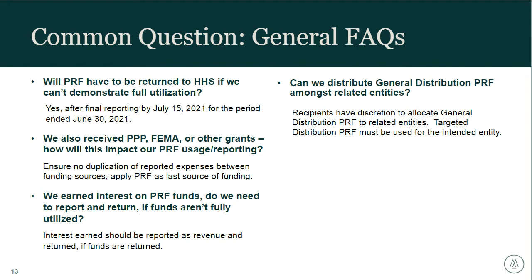However, once we get to that final reporting period, when we're contemplating our expenses through June 30th of 2021, if we're still unable to demonstrate full utilization of those funds, then we will have to return any remaining funds that are not utilized.